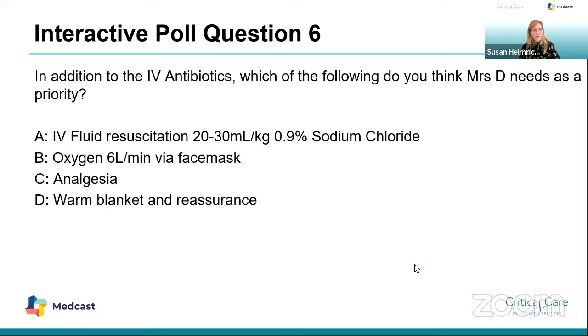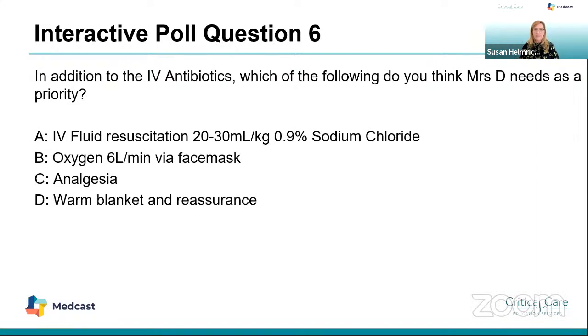The majority of you have identified the requirement to administer some IV fluid, so 20 to 30 mLs of sodium chloride fluid resuscitation. Some of you have talked about giving some oxygen as well, and a few of you have said analgesia, warm blanket and reassurance. Obviously, yes, we do want to give some fluid resus and oxygen. These are important things for stabilisation, but we should never overlook the importance of making our patients comfortable.